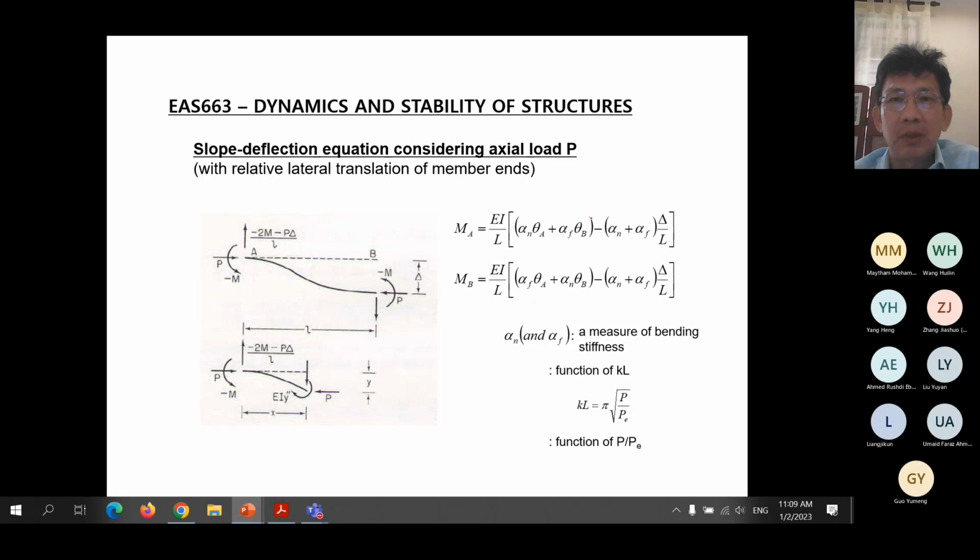If theta A and theta B are 0, this term will be 0, and we have only this term, which will cause end moment. If there are end rotation and relative end translation, then both end rotations and end translation will cause end moment. So these are the set of equations that we are going to use.